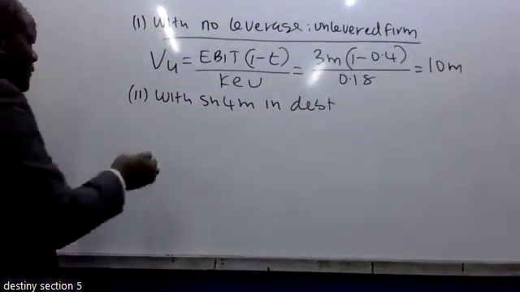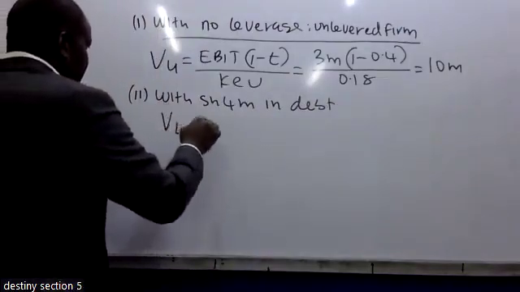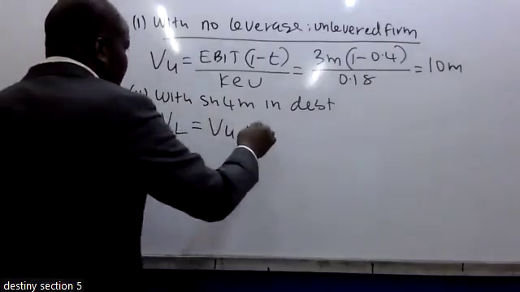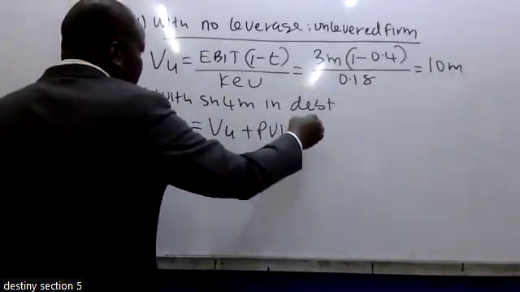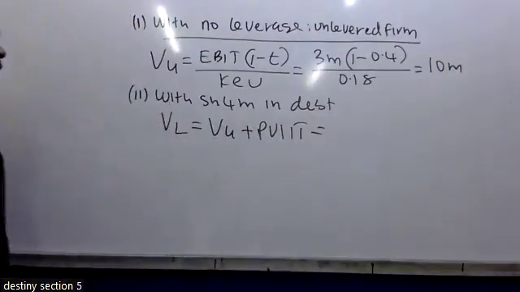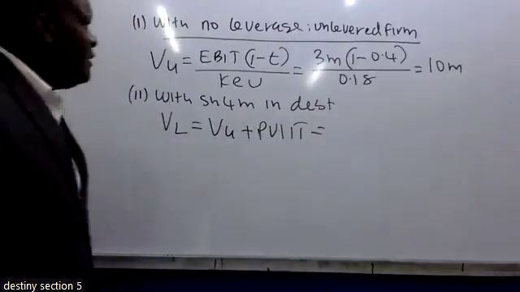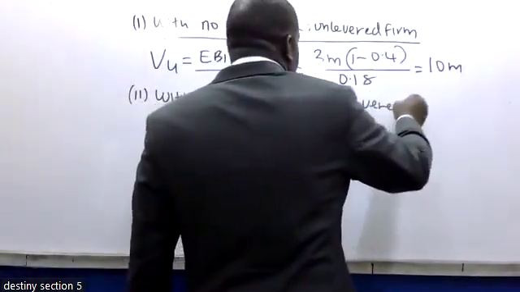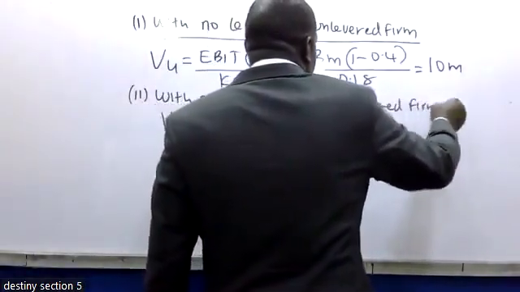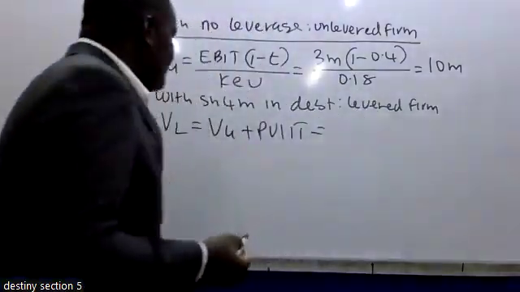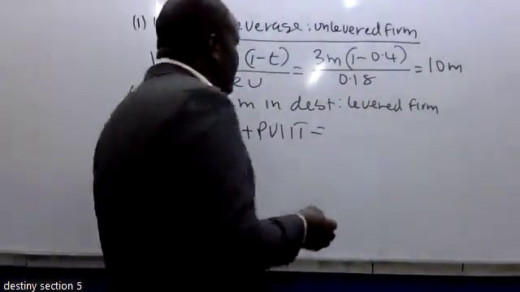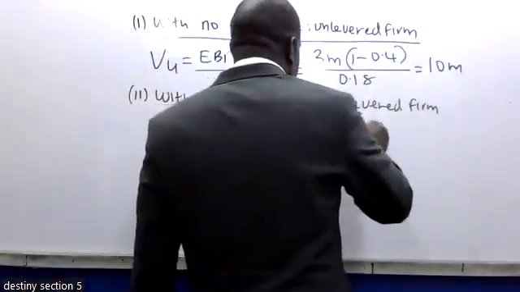The value of the levered firm is given by the value of the unlevered firm plus the present value of interest tax benefits. The value of the unlevered firm you already have: it is 10 million.